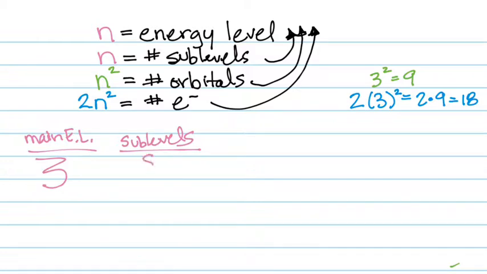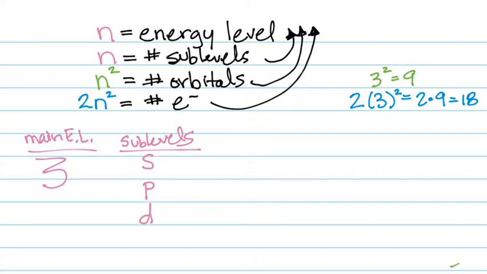So it would have to be s, p, and d. Those 3 sublevels are on the 3rd main energy level. And by the way, as I'm looking at my periodic table, the 3rd main energy level represents the 3rd period of the periodic table. If you were talking about the 2nd main energy level, that would represent the 2nd period on the periodic table. So, 3rd main energy level has 3 sublevels. They are s, p, and d.